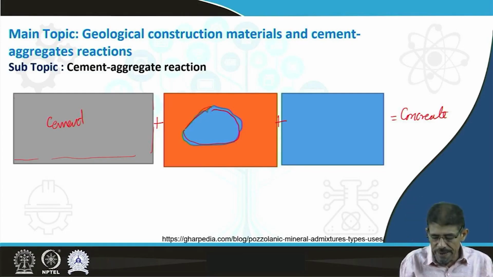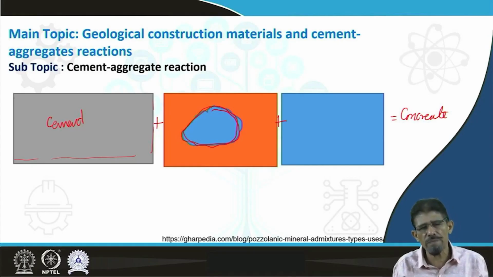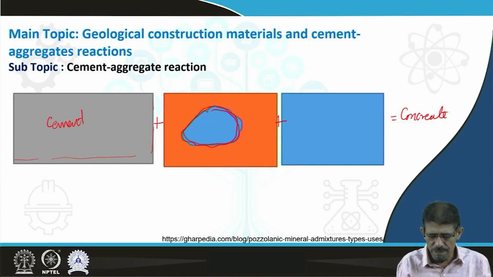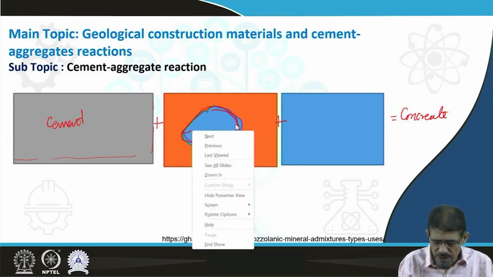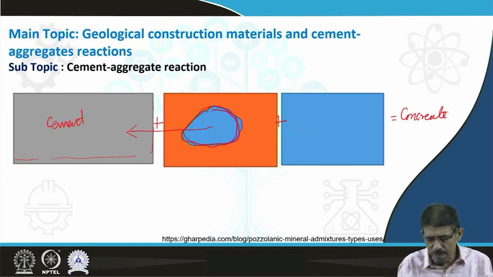Certain aggregates which technically we consider as deleterious aggregate, if deleterious material is present in the aggregate, either in the form of mineral, rock, or in any form, then this special type of hazardous aggregate is going to react with cement in the presence of water.